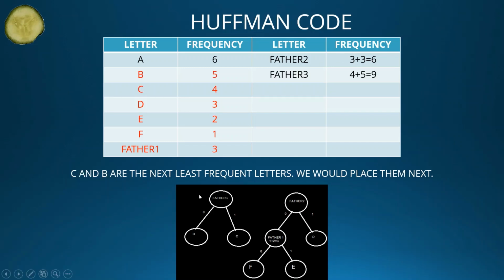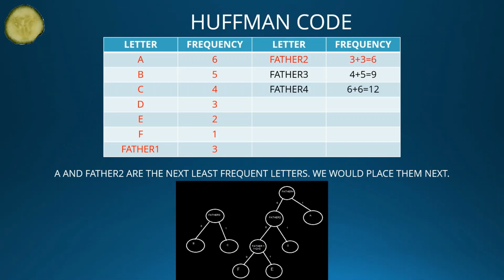Next, the 2 least frequent characters are C and B, which have the frequencies of 4 and 5 respectively. Therefore, we place them under a new vertex, Father 3, which has the frequency 9, 4 plus 5.